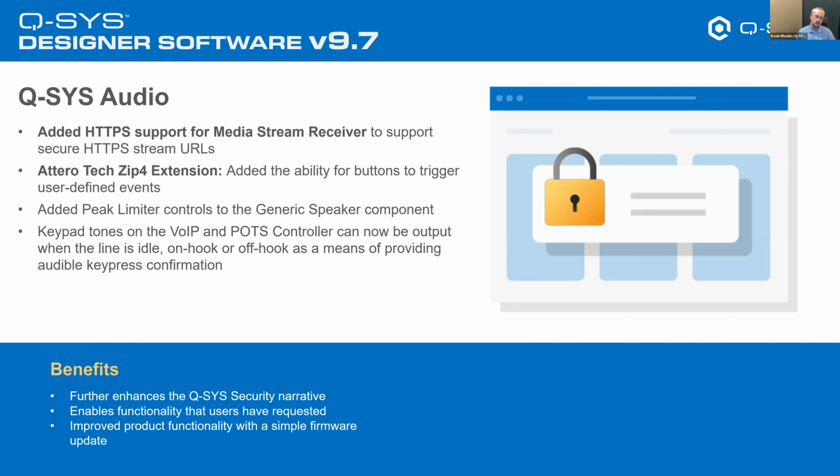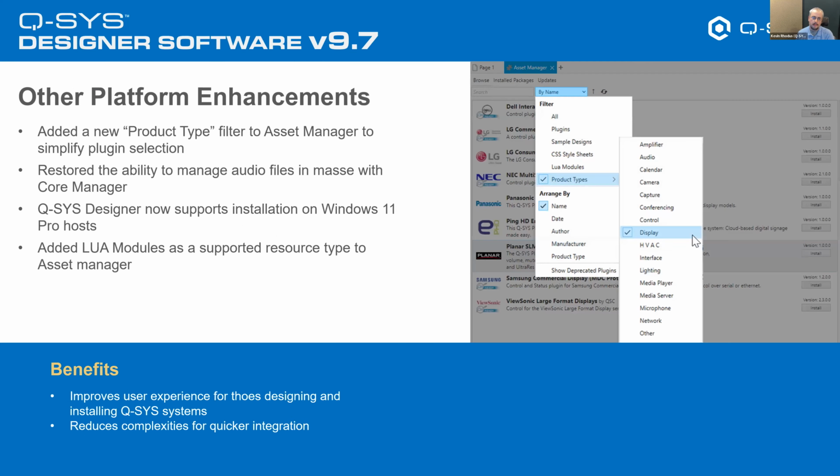And we added the ability for keypad tones on both VoIP and POTS controller to now be outputted when the line is idle, on hook or off hook. So this is a way to get key confirmation playback in the room. Previously, you'd have to take an audio player and play the DTMF tone and everything. Now we have the ability to play that tone back in the room.